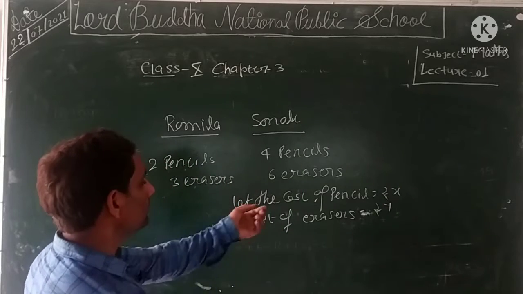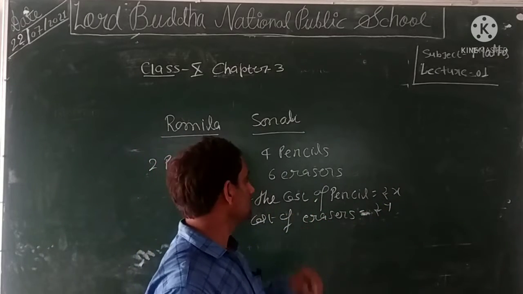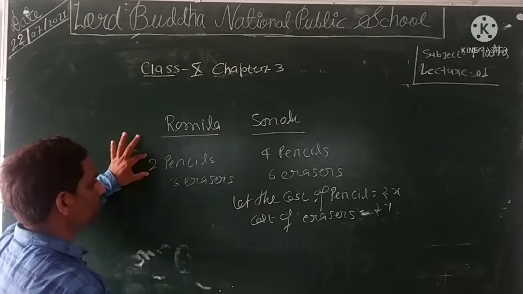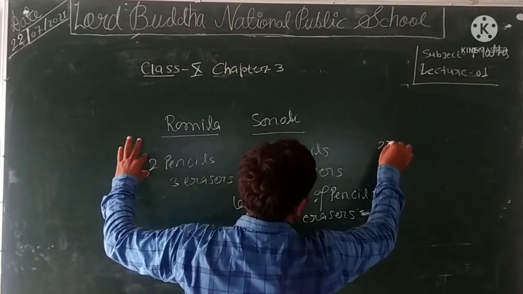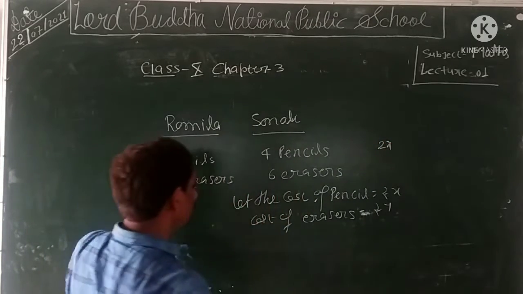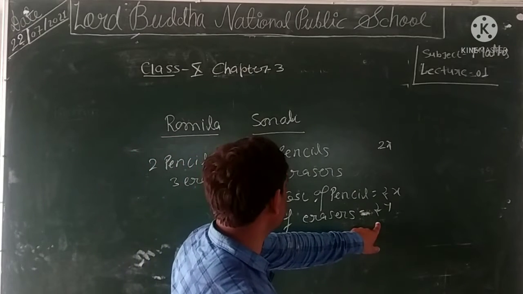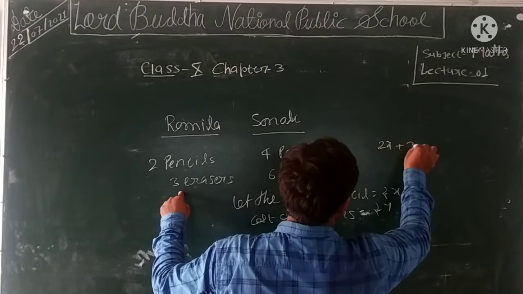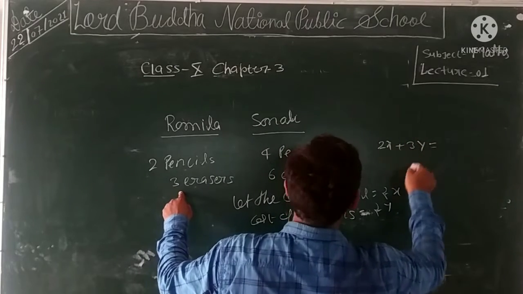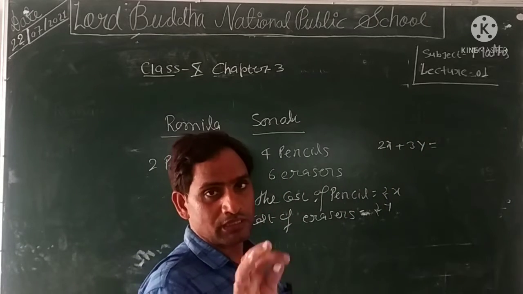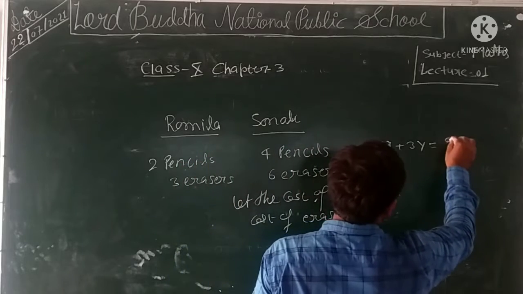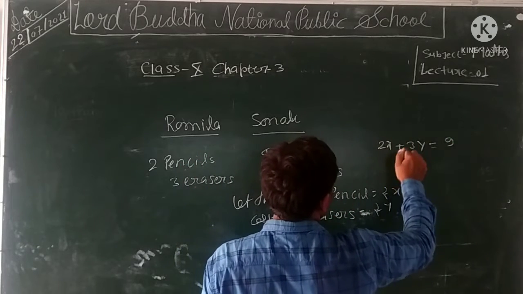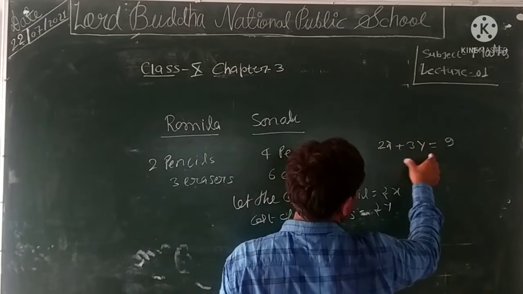Now, the cost of one pencil is x, so the cost of 2 pencils will be 2x. The cost of one eraser is y, so 3 erasers cost 3y. So 2x plus 3y is equal to 9, the total cost of pencils and erasers.